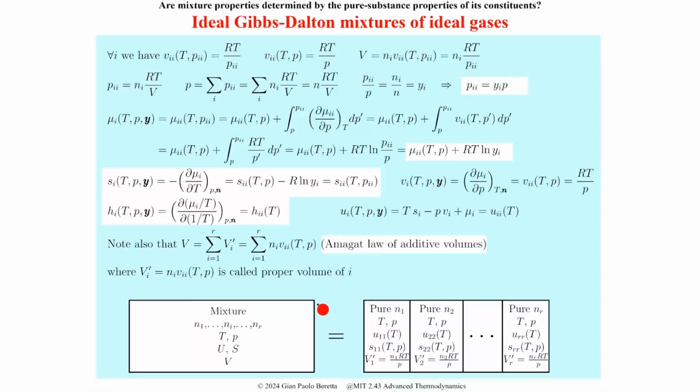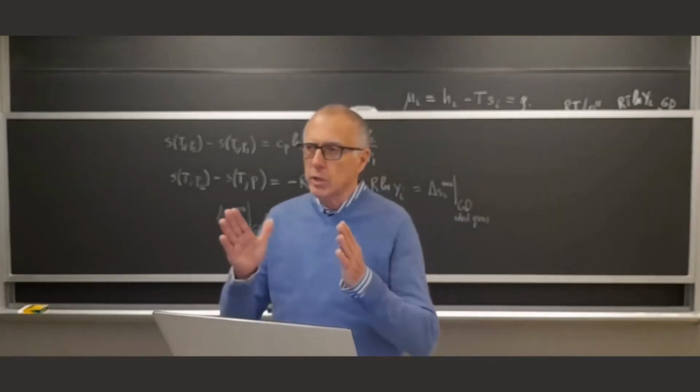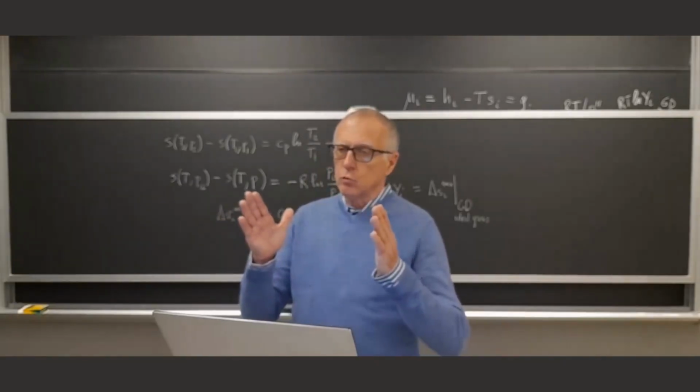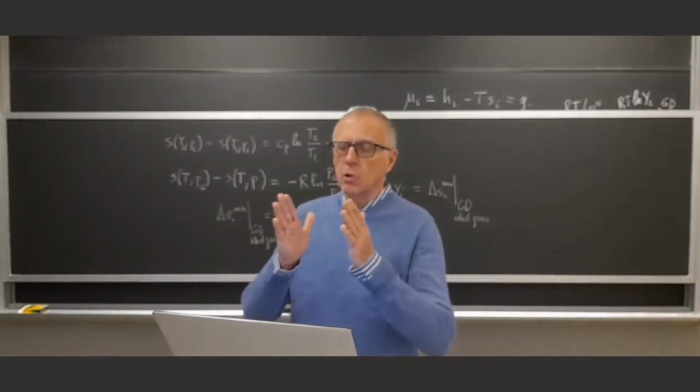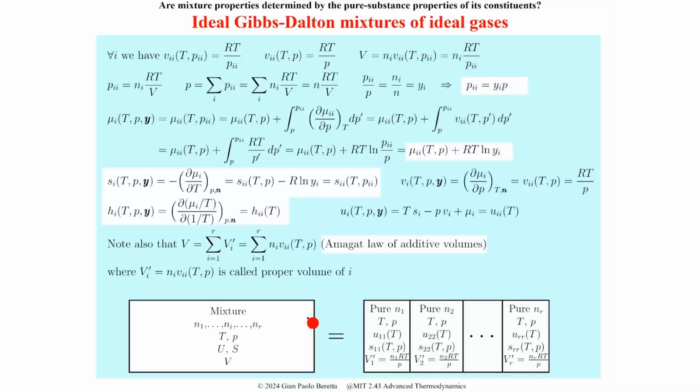If they are at the partial pressure, they occupy the entire volume of the mixture. But if I squeeze them from the partial pressure to the pressure of the mixture, they are going to occupy a volume which is called the proper volume, V prime. This is the volume they occupy at the same temperature and pressure of the mixture when pure.